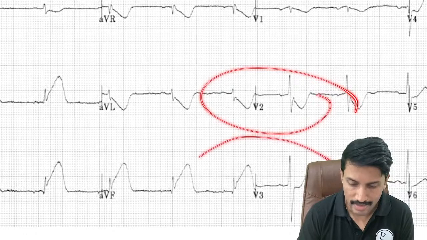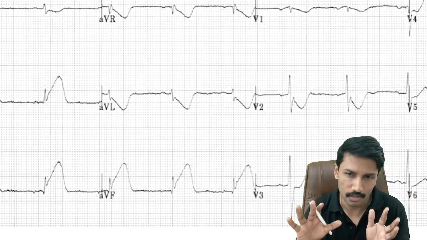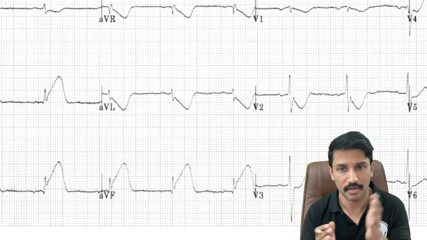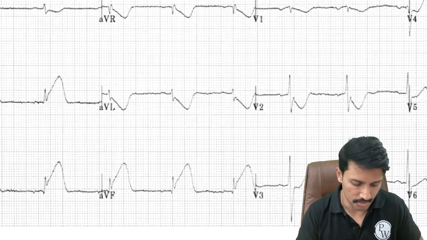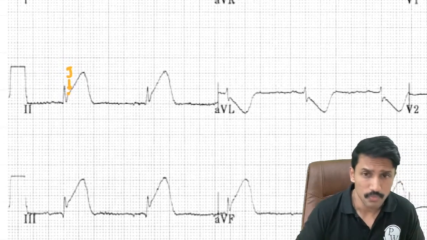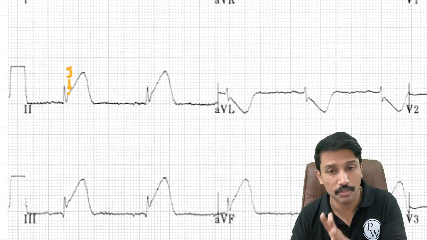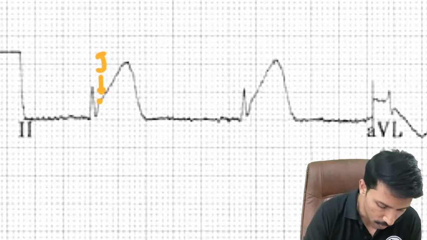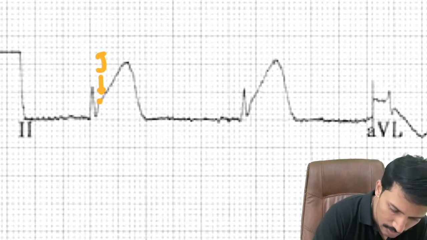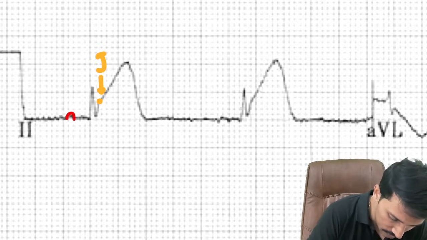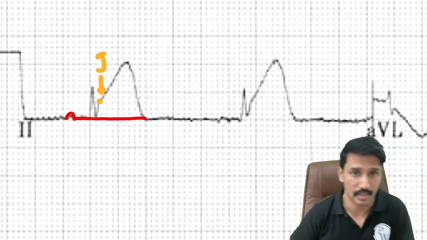That is V2 and V3, where 1 millimeter elevation is a normal variant. That's why we're counting higher numbers as the entry criterion. If I look at lead 2, 1 small box ST elevation, that is J point elevation, is sufficient to call it typical. So how many small boxes of ST elevation are happening? This is my PR segment, so that becomes the baseline.